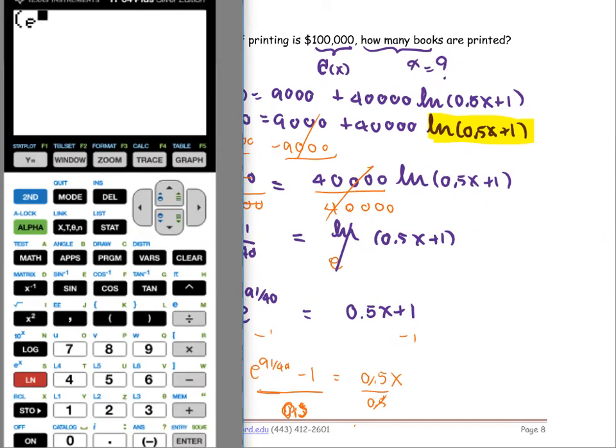So hit the blue key and then the ln to show the e with the superscript, or the slot for the exponent. And we type in 91 divided by 40 for the power. Bring the cursor down, subtract 1, close the parentheses for the numerator, and divide by 0.5 for the denominator. Hit enter. We get 17.46.